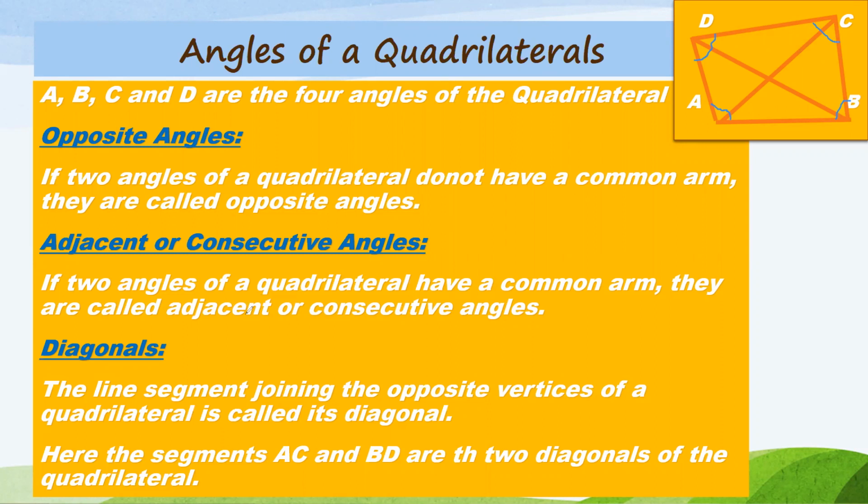Clear, students? Now, what is called the diagonal? The line segment joining the opposite vertices of a quadrilateral is called a diagonal.